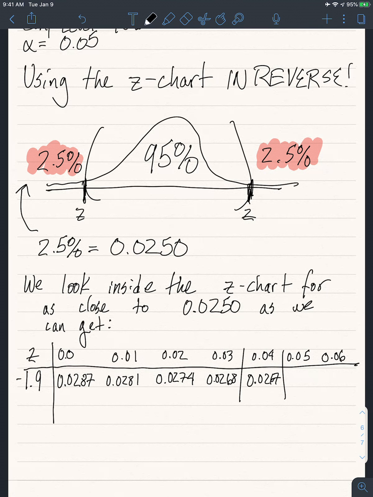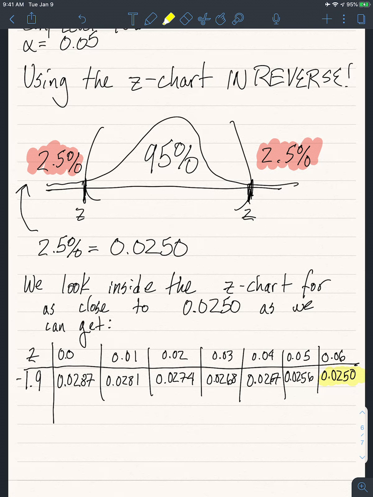Let's separate them too, keep things straight. Under negative 1.95, it's 0.0256. And under negative 1.96, it's 0.0250. And that, ladies and gentlemen, is exactly what we want.